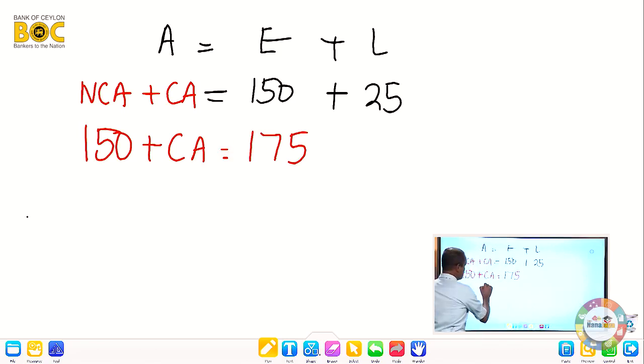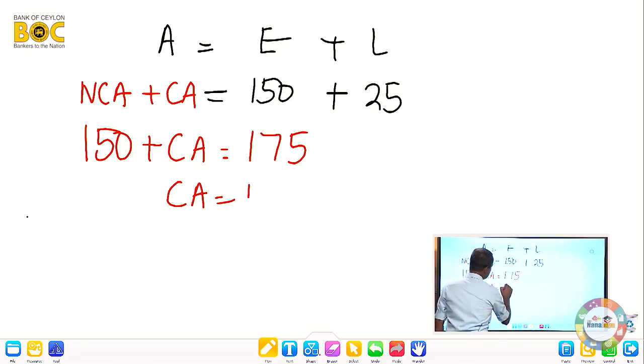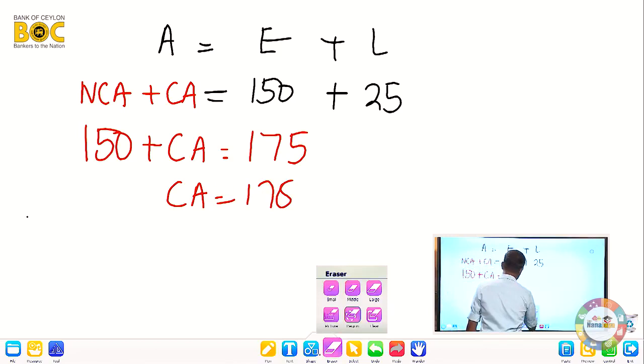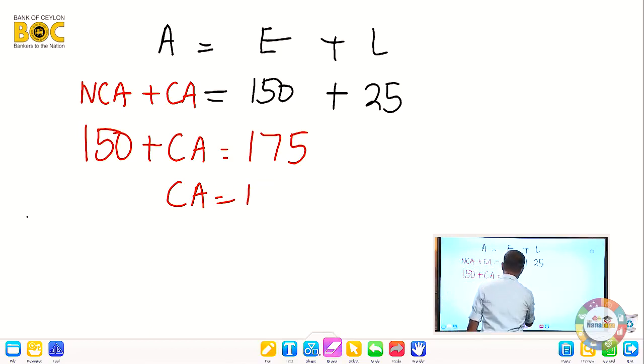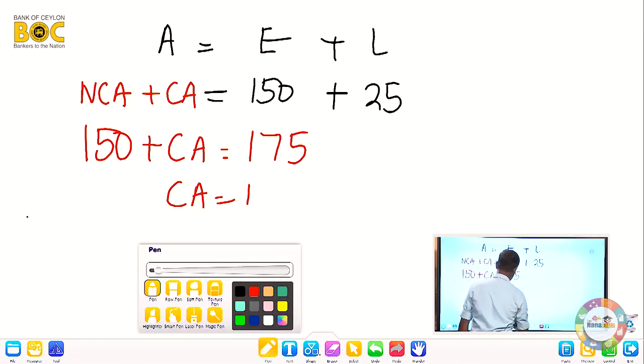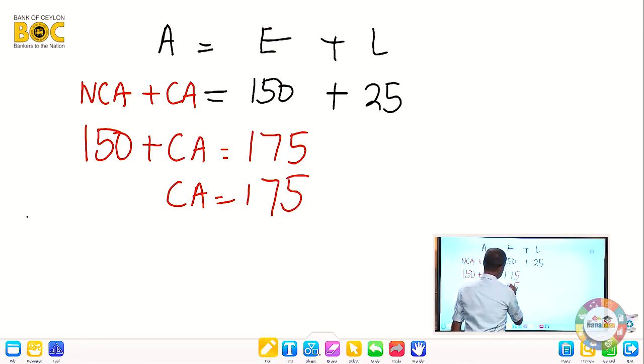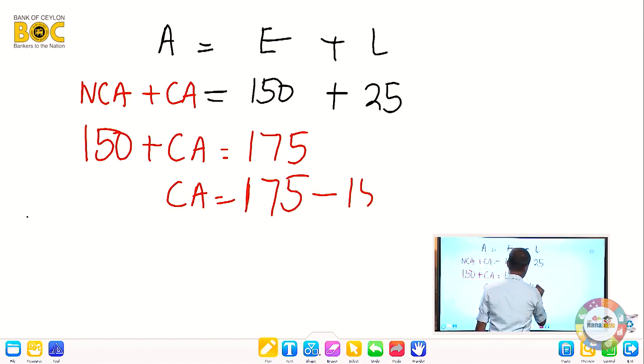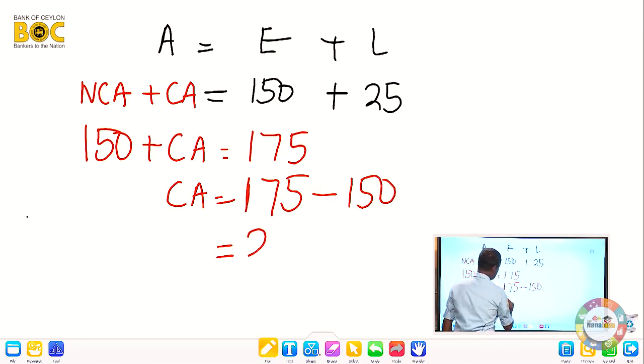Then the current assets equal 175 minus 150, which is 25 million. 25 million is current assets.